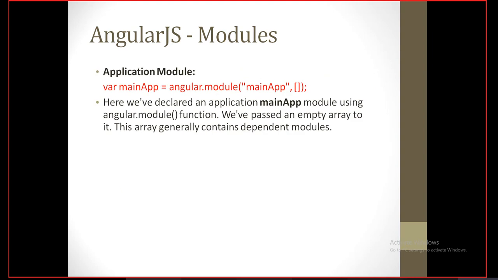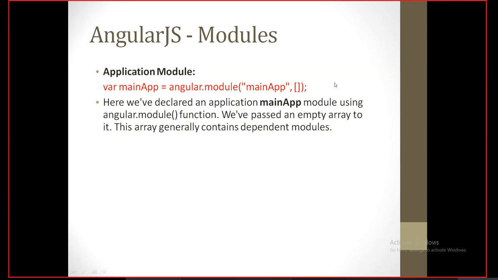Example for both: firstly, any application module, if we want to create, we will have to declare that application module by using the function angular.module. We have seen this, right? When we created the controller, at that time, firstly we had to create the application module. By using the angular.module function, we'll specify the module name, and then we'll specify the array of dependent modules.